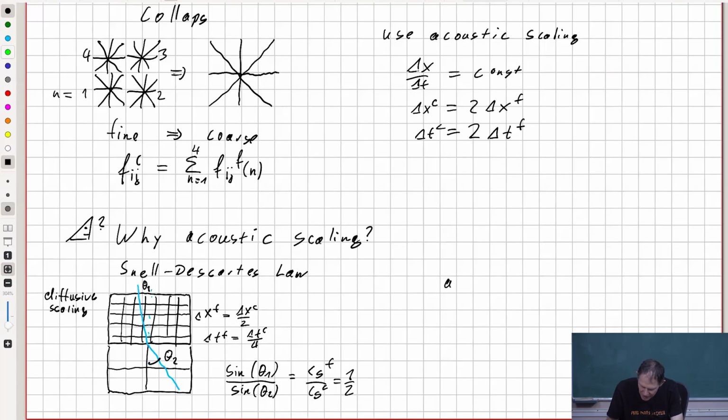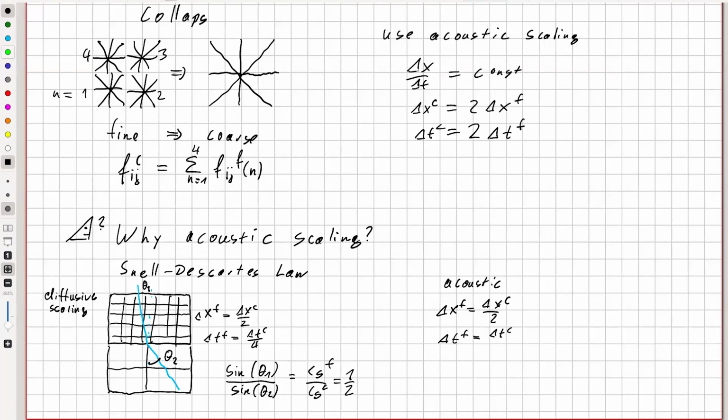Now if you use instead acoustic scaling, I mean, it's easy to see what this means. You have delta x fine is delta x coarse half, and delta t fine is delta t coarse half, and now say you have this high resolution thing here. And again, you have the coarse resolution there.